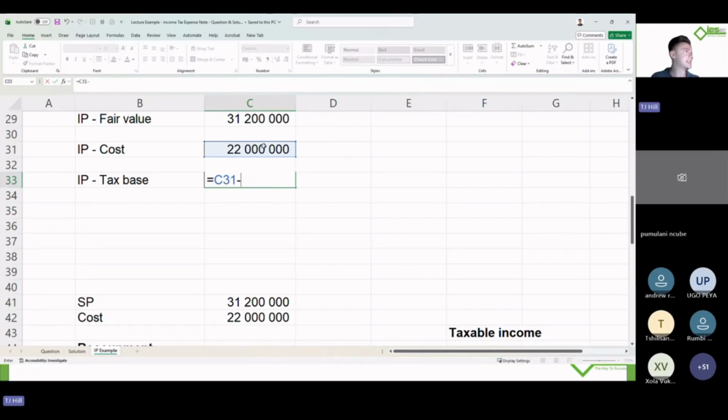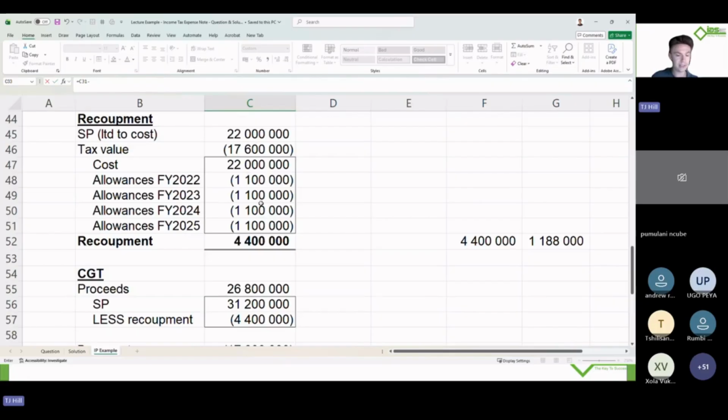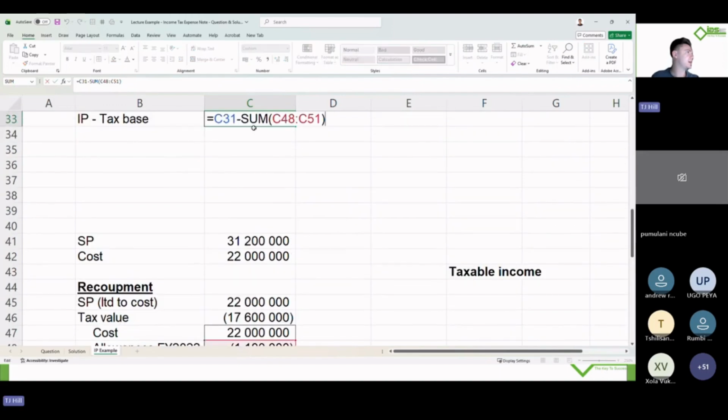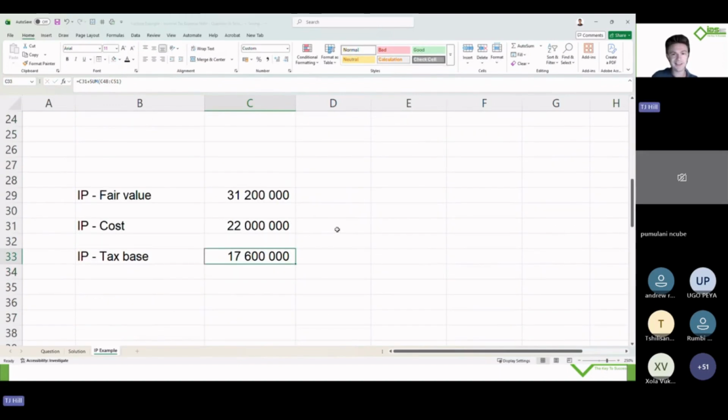And the allowances claimed here, I've already calculated them there, so I'm going to say minus sum of those ones. Wait, what did I do now? I've double minus, ne? Okay, there we have done the correct thing. Okay, that's my tax base.